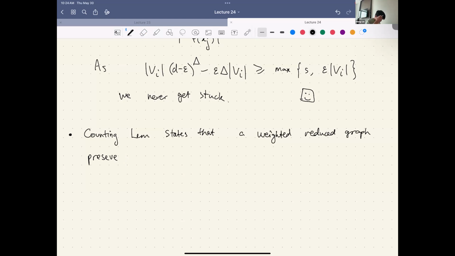Let me check. S-E-R, yes, S-E-R-V, preserves subgraph densities. The reduced graph as a weighted graph has the same subgraph density statistic as the original graph.